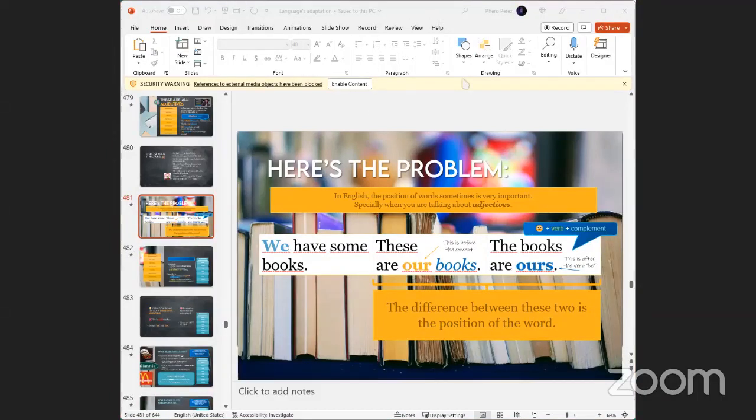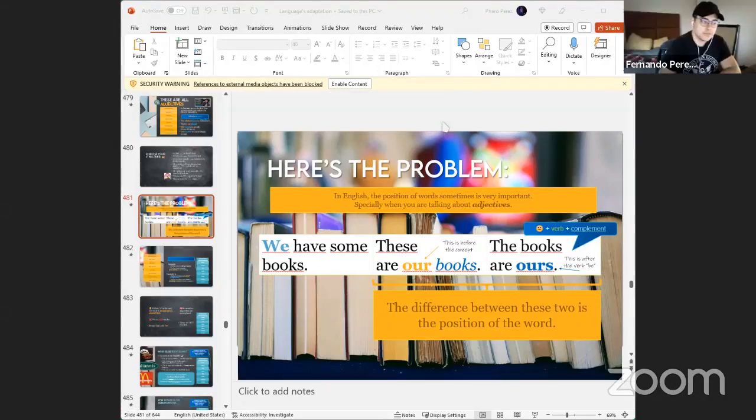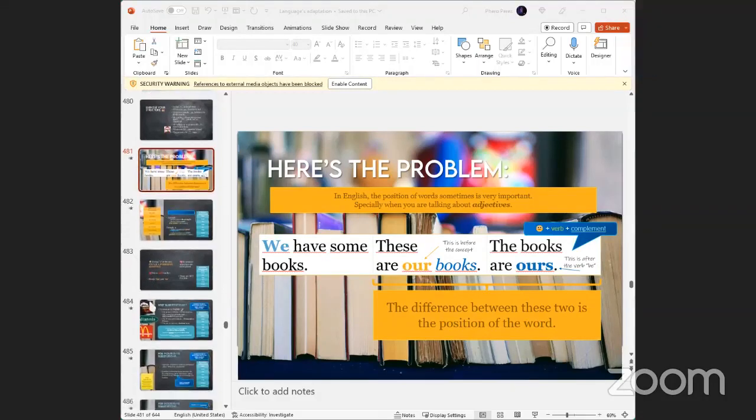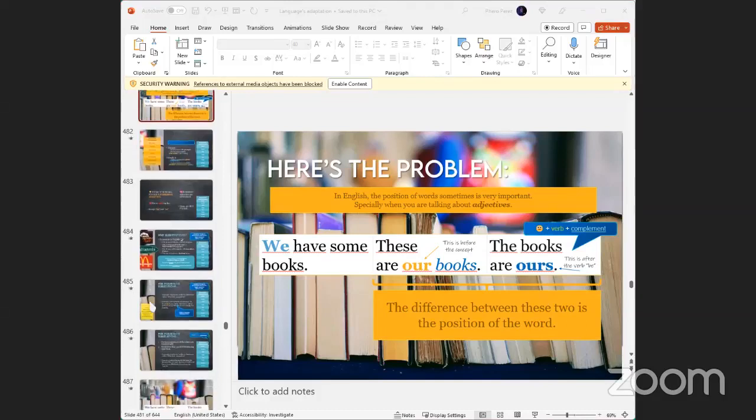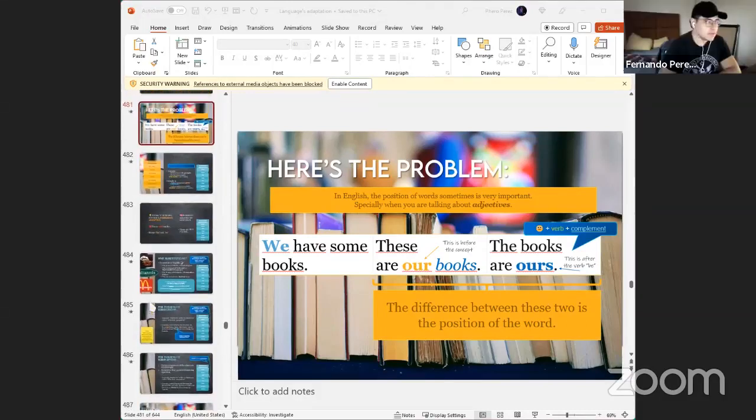The position of the word. Correct. In relation to? Well, not the position. What's the usage of an adjective? What's the function of an adjective?